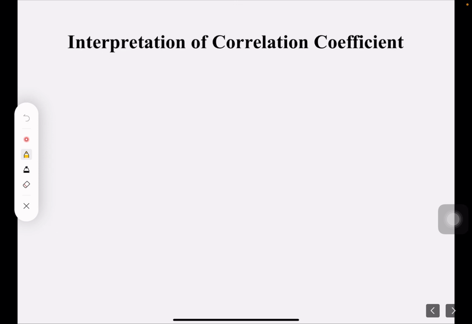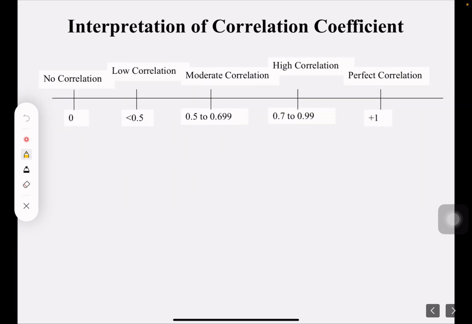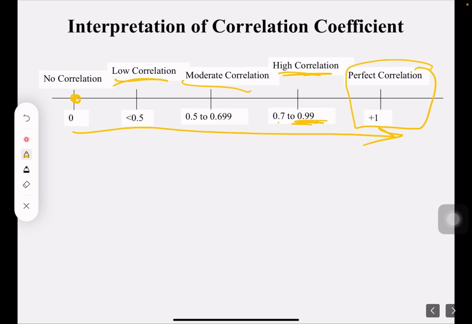Now, interpretation of the correlation coefficient. So the range here: if it is from 0 to +1, it is positive correlation. Now when it is 0, it is no correlation. When it is less than 0.5, so 0 to 0.5 in between, it's known as low correlation. 0.5 to 0.699 is moderate correlation, 0.7 to 0.99 is high correlation, and perfect is for +1.